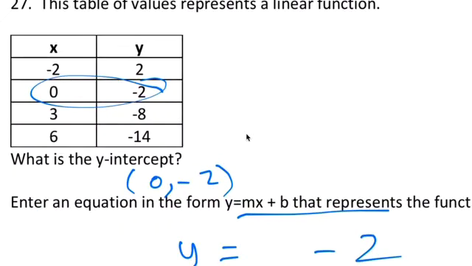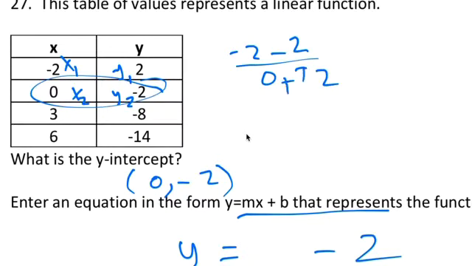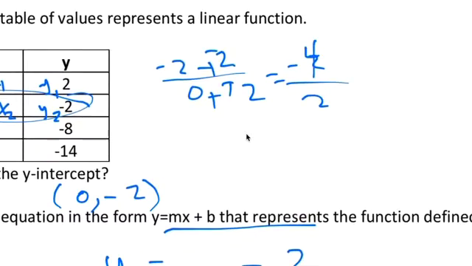So I'm going to do x sub 1, y sub 1, x sub 2, y sub 2. -2 minus 2 over 0 minus -2, that's -4 over 2, and minus -2 is a +2.